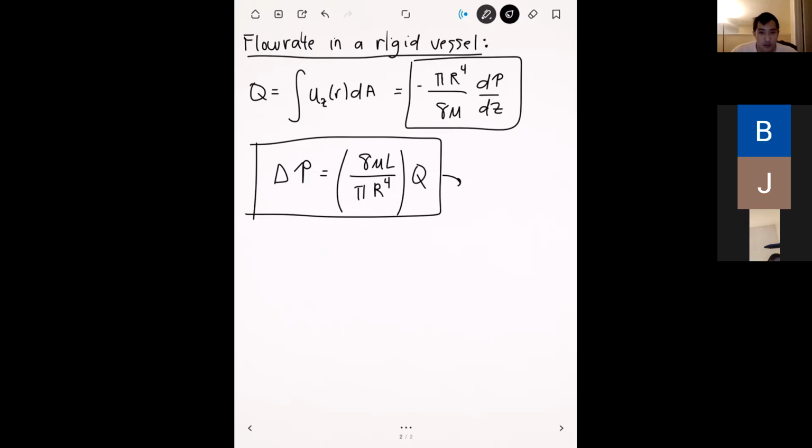This is important because it defines the relationship between pressure drop and flow rate in a cylindrical vessel. These two formulas are going to show up again a couple of times today, so I want to make sure we are reminded of them.